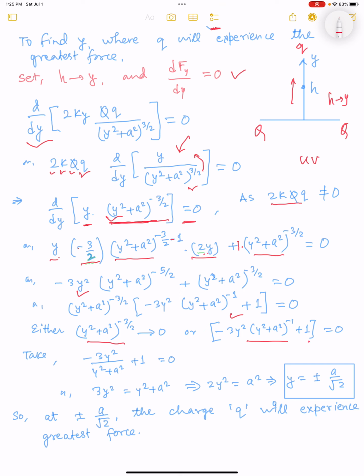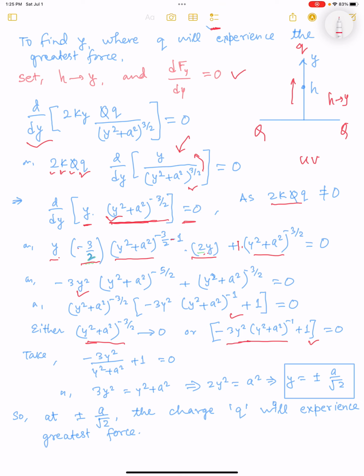Let's take this one. In order to be 0, y squared has to be equal to some value of a. If you try to solve this, you will get a value which is invalid, out of range of our interest.